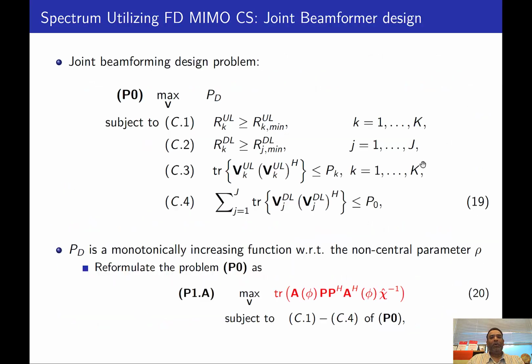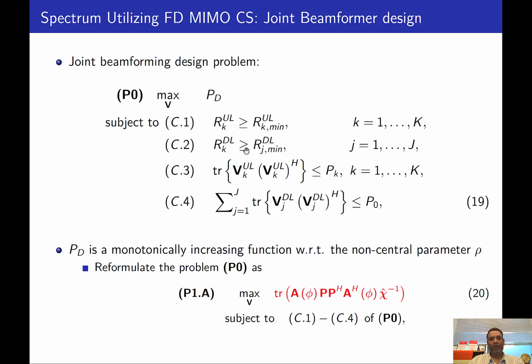So joint beamformer design. We wanted to design a beamformer such that we maximize the probability of detection at the radar. For the uplink user, the rate will be guaranteed above this predefined number.